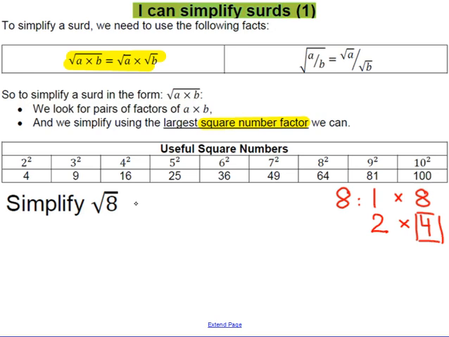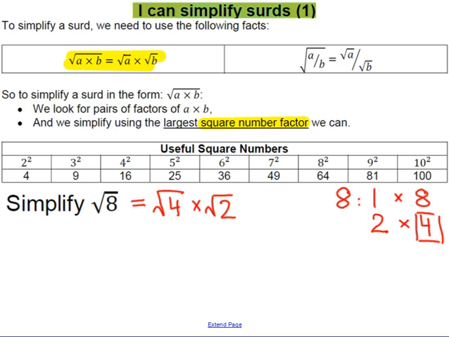Okay, so the square root of 8 is the same as the square root of 2 times the square root of 4. But I'm going to write that in a slightly different order. I'm going to write the square root of 4 first. And the reason why I write the square root of 4 first is just because it looks a little bit neater when I go ahead and simplify.